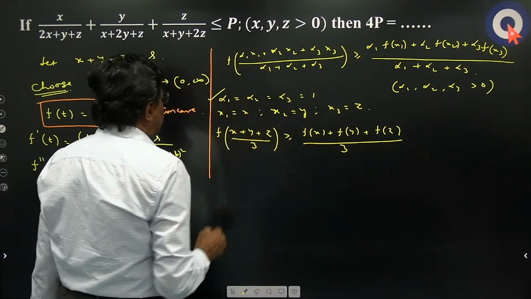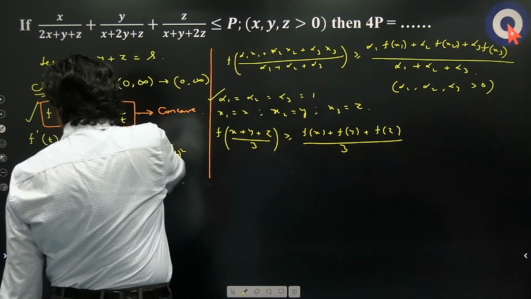This is our choice, and choosing this function is also our choice.